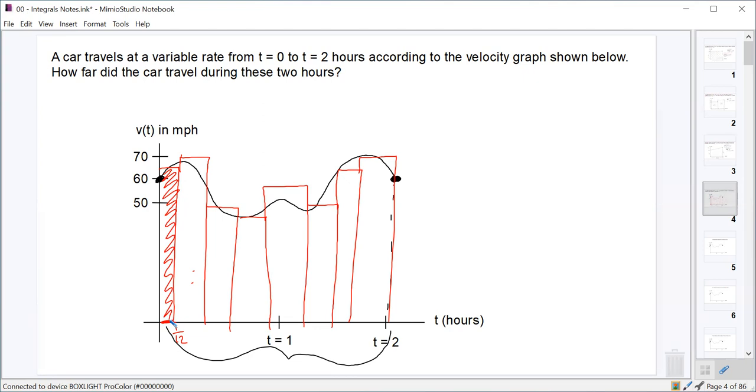And then I do the next one and say, oh, this one has a different width, a little bit bigger width. It's higher up, it's about 70. So I do 70 miles an hour, the height, times whatever the width of that one was. And of course, we could draw these rectangles as arbitrarily as we wanted to, but it's going to be a lot nicer and a lot easier for us if we do them in a uniform way.